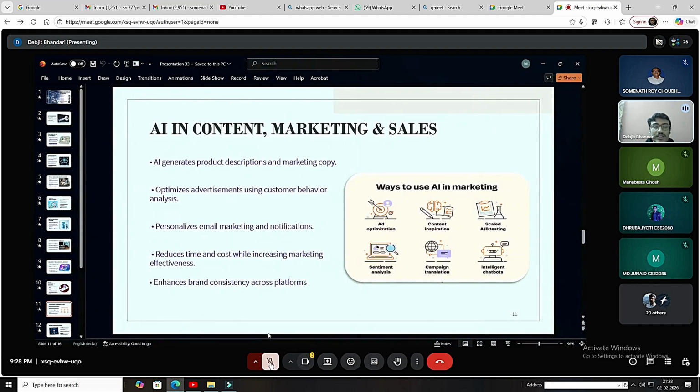It also personalizes email marketing, notifications, and recommendation services based on individual customer preferences. AI also reduces marketing costs while improving effectiveness. It helps businesses maintain a strong and unified brand presence in a competitive market.